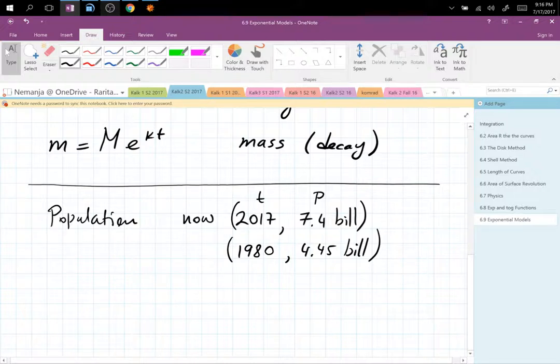Now this population model is going to be bad, obviously, in the long run, but it's going to be accurate in the short term. So let's see.